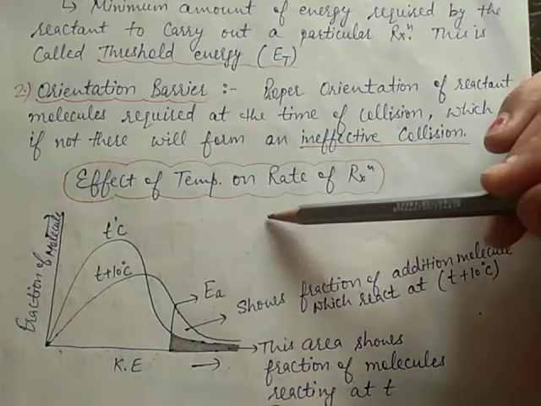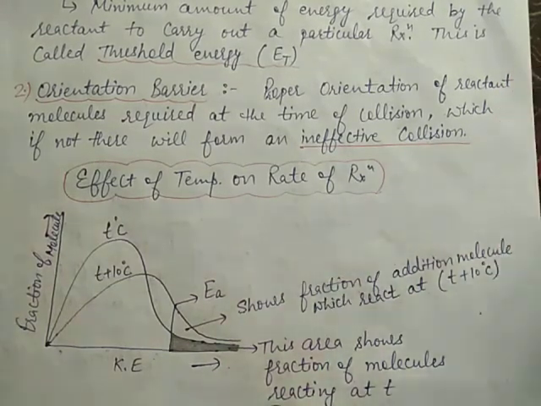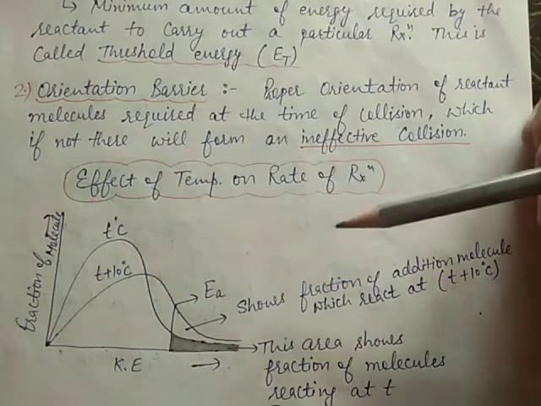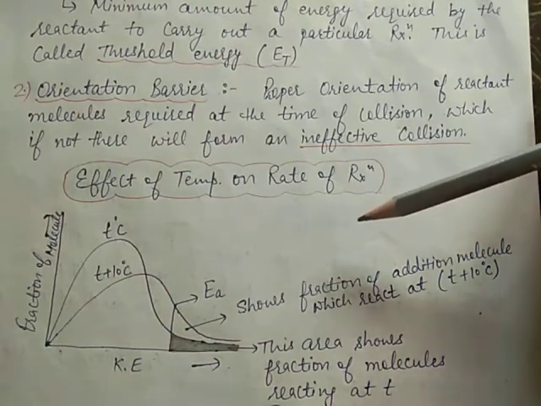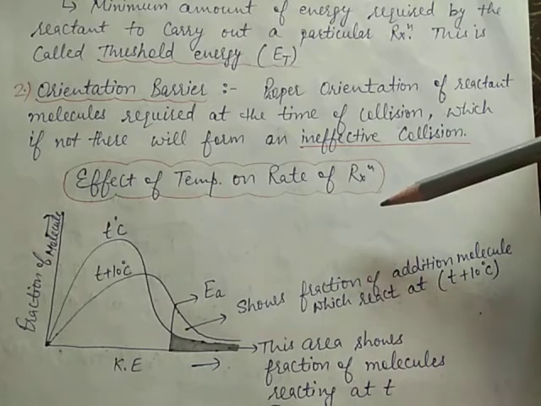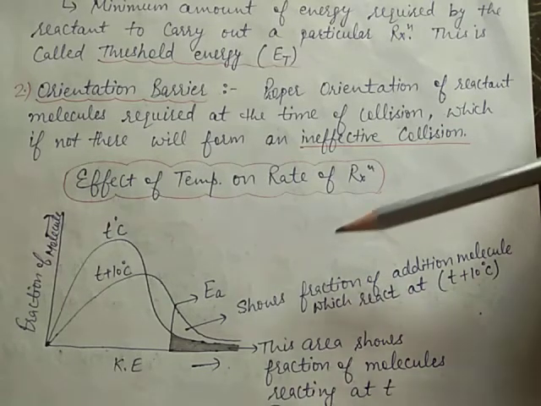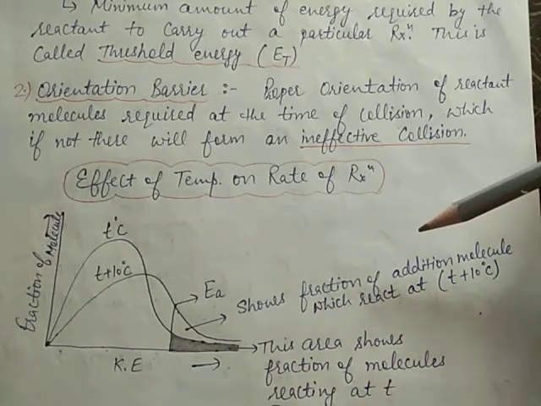So the temperature coefficient is equal to the rate constant at temperature T plus 10 degrees Celsius divided by the rate constant at temperature T.